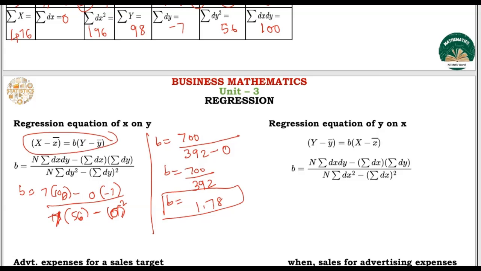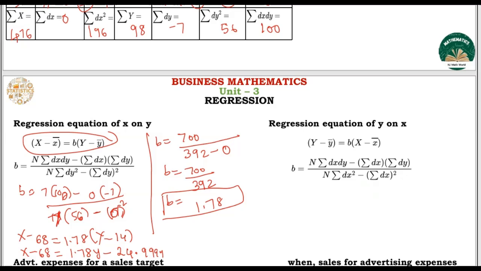Substitute in this equation, we get x minus x bar, x bar is 68, equals b is 1.78 into y minus y bar, y bar is 14. So it will be x minus 68 equals 1.78y minus, when you multiply these two, we get 24.9999.